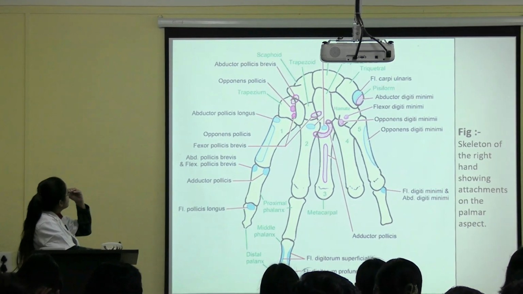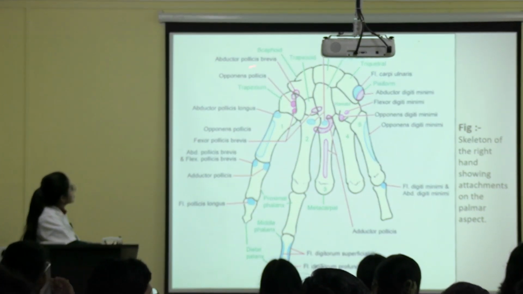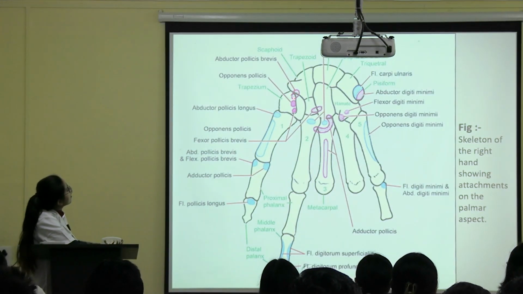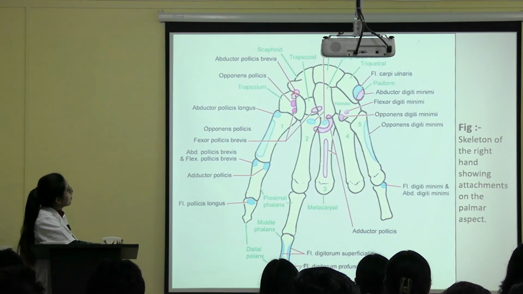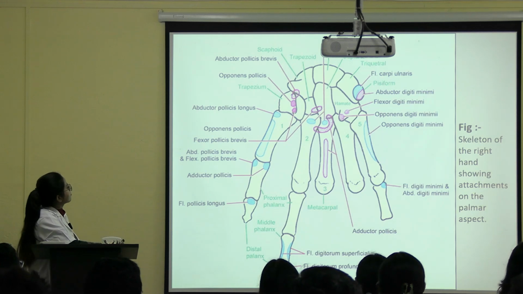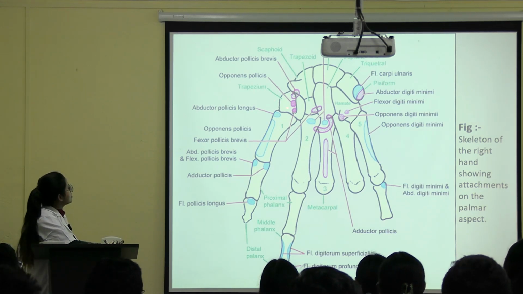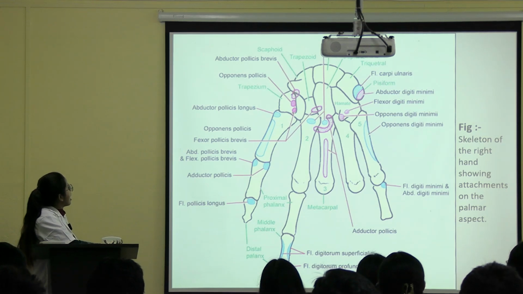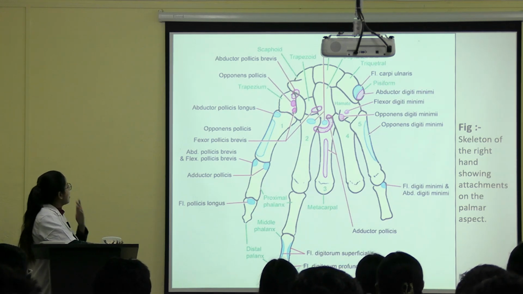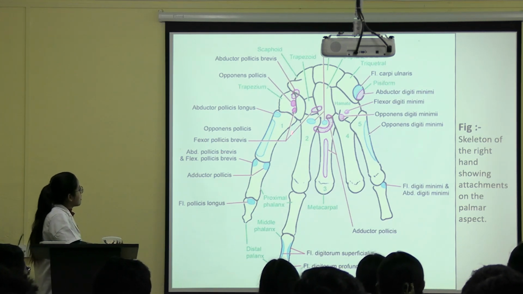So you can see abductor pollicis brevis, this muscle is originating from two bones. What are these bones? Scaphoid and trapezium. Yes. Opponens pollicis is originating from which bone? Trapezium. Abductor pollicis longus is getting inserted in the first metacarpal base. Flexor pollicis brevis from?